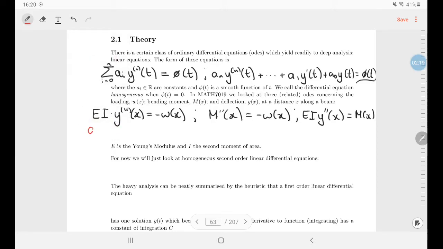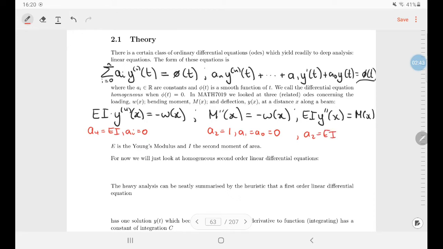So this is like a4 is equal to EI, and then the other terms are all 0. So it is actually of this form. This one, the a2, the multiple of the second derivative is 1, and then a1 and a0 are both equal to 0. And this one, similar story, except the a2 is equal to EI.